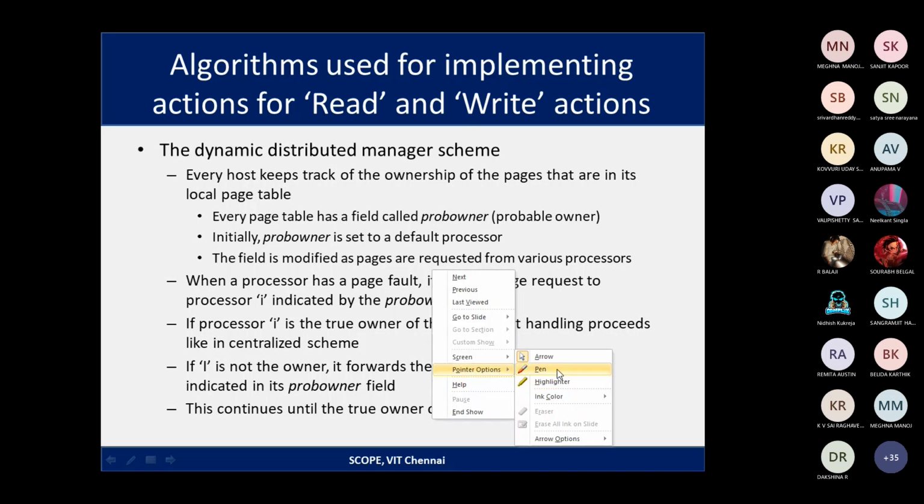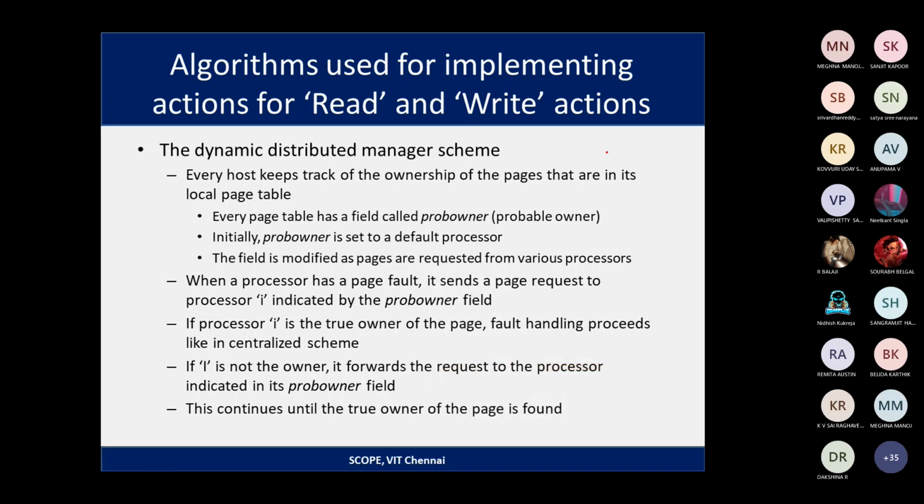If we are using the dynamic distributed manager scheme for read and write, every host keeps track of the ownership of the pages, and every page table has a field called probable owner. Initially the probable owner is a default processor, and the field is modified as pages are requested by various processors.